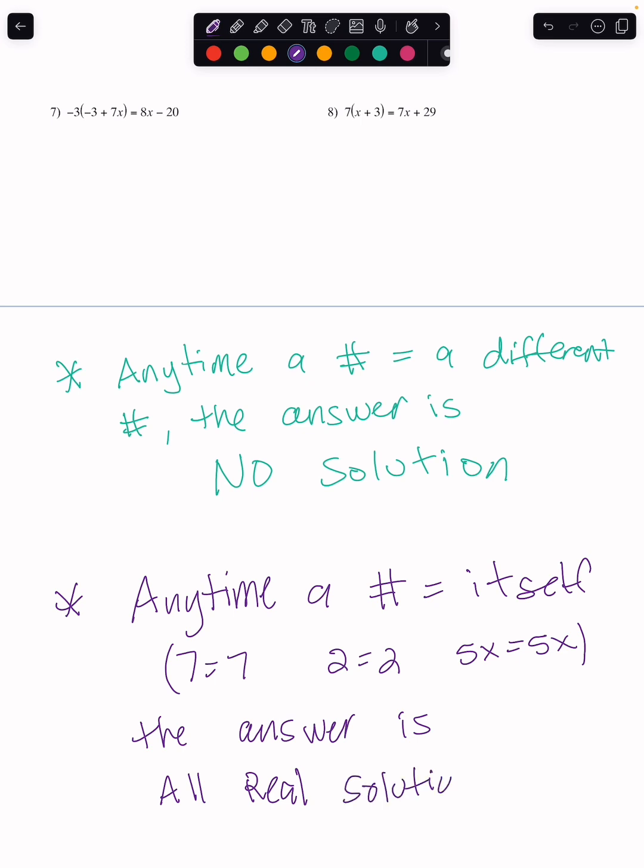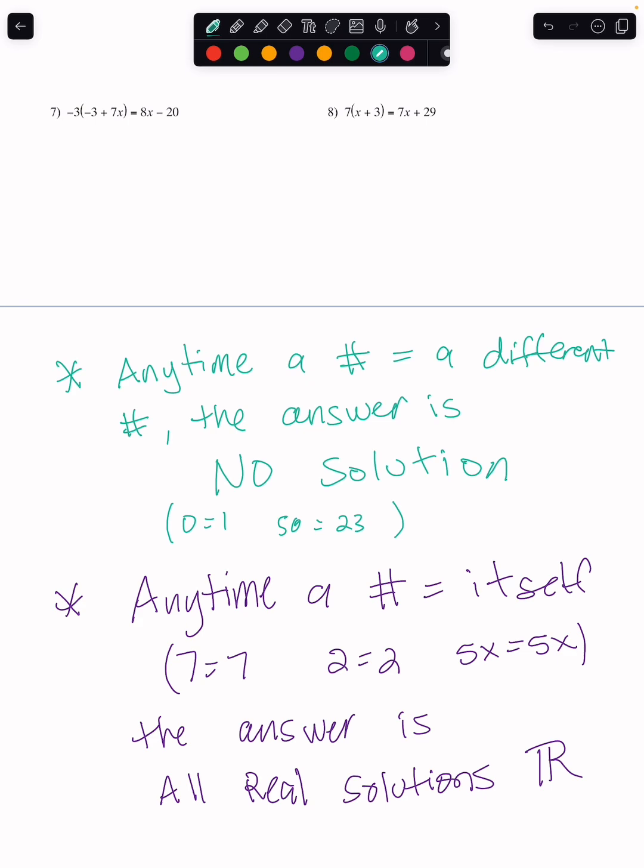And that symbol you can use looks like this. An example of the no solution case up here would be something like 0 equals 1, or 50 equals 23, and so on. But for this one, it has to be a number equal to itself.